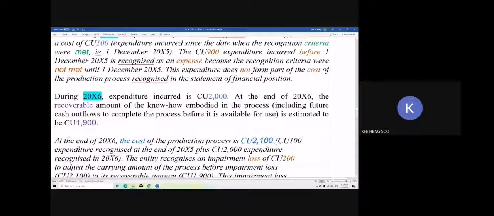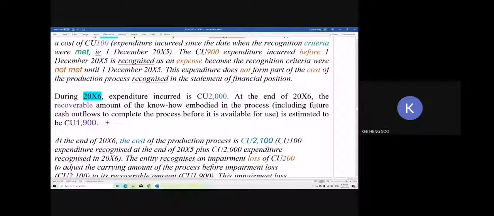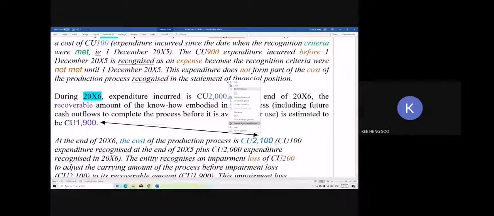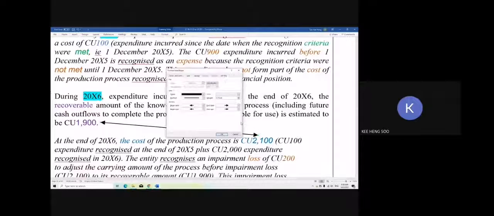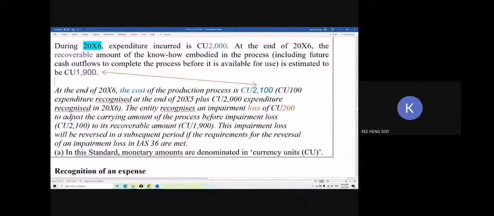This is what you compare. So carrying amount 2,100 is more than recoverable amount. Can you see that? So impairment loss of 1,100.